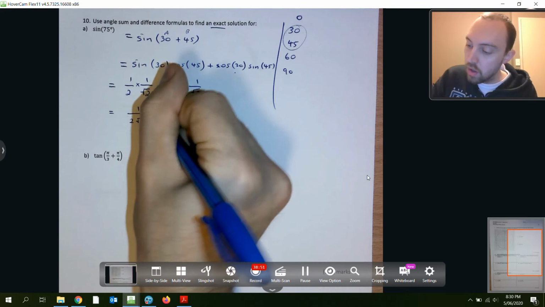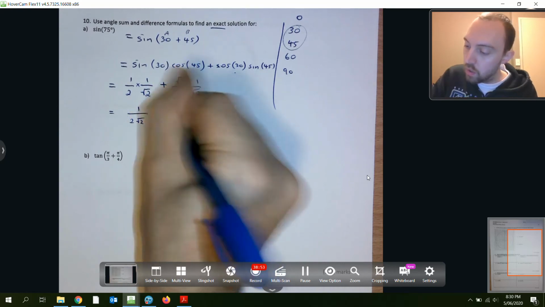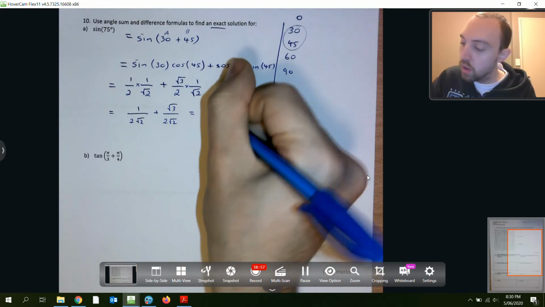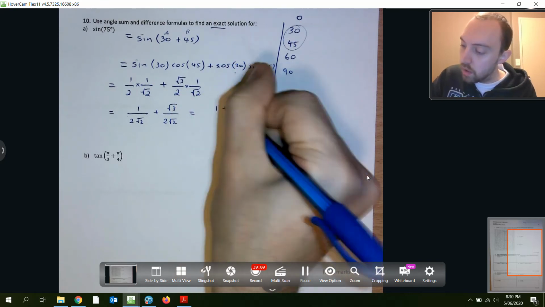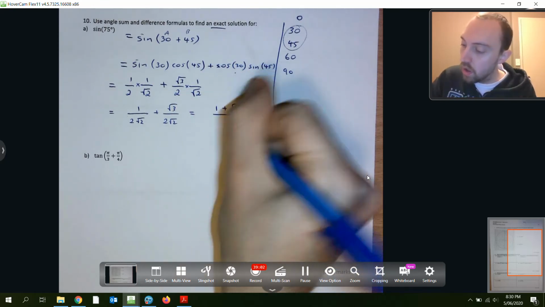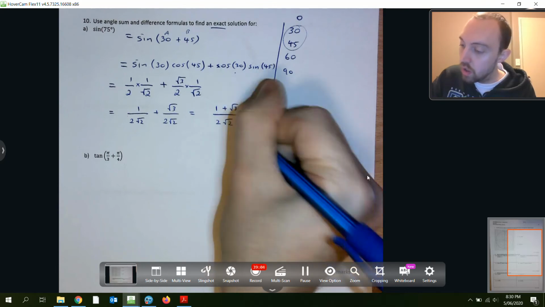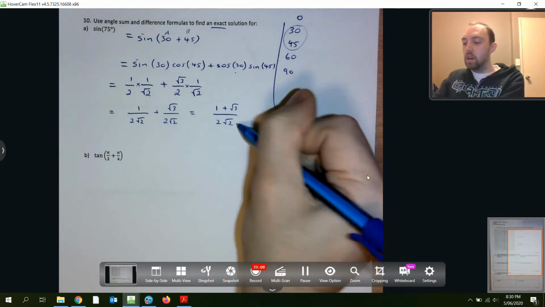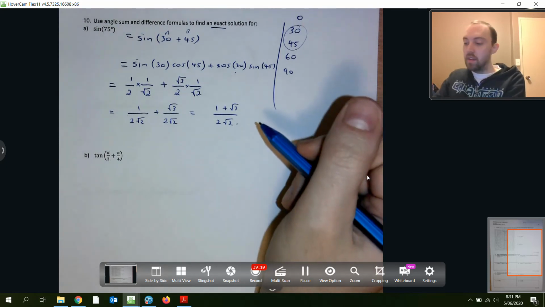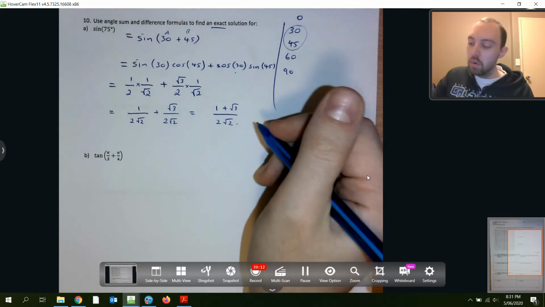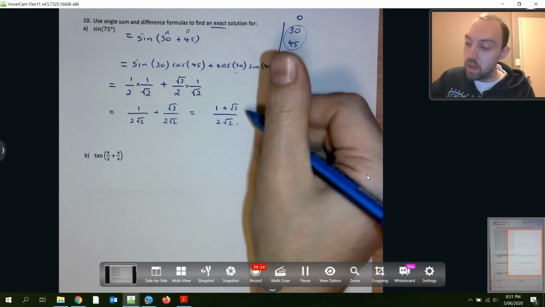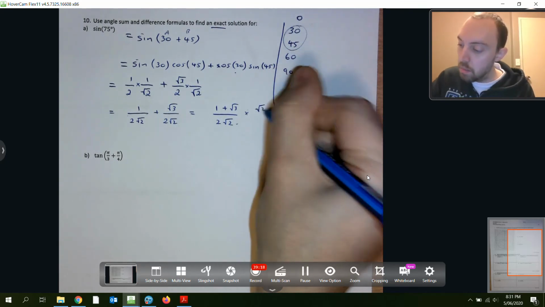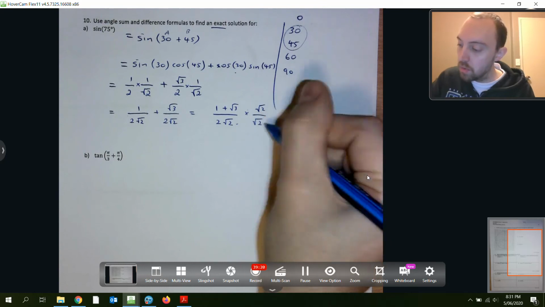plus root 3 on 2 root 2, or 1 plus root 3 on 2 root 2. That might be good enough, but because we have a denominator that has a surd, we might like to fix that up by trying to rationalize that surd by multiplying by it on both the top and the bottom.